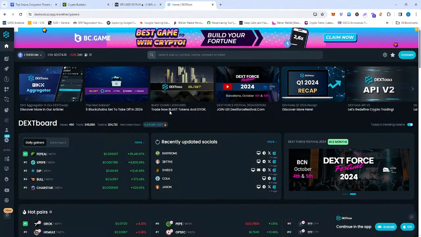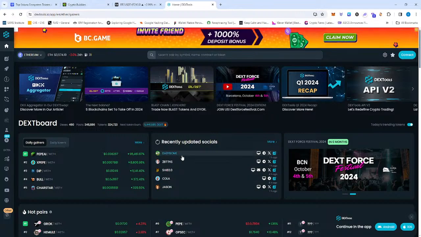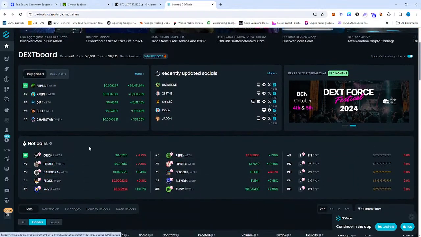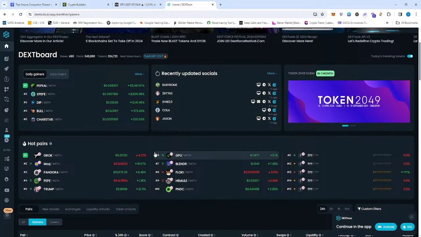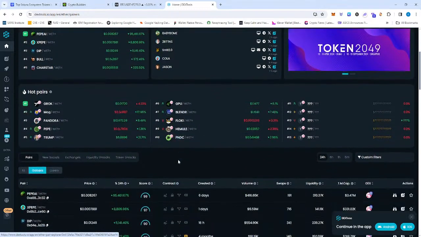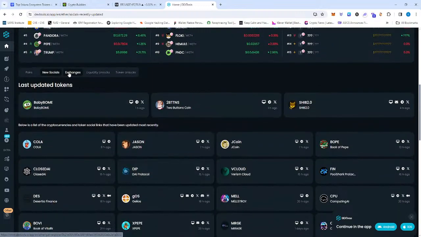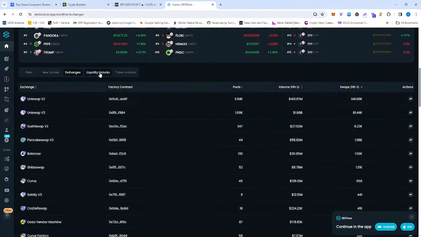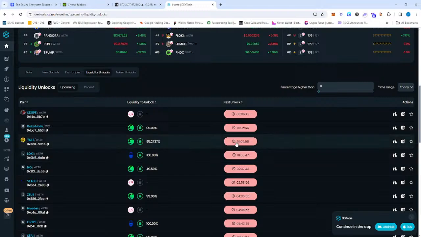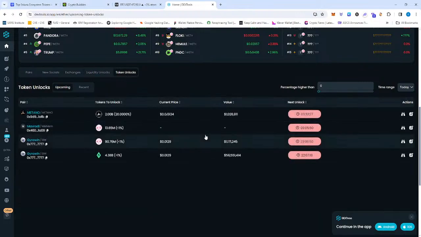It's dextools.io, and as you can see here, it has information on all the meme coins. You have their social media pages, all the exchanges, liquidity unlocks, how long and what tokens are going to be unlocked, tokens that have been unlocked already.